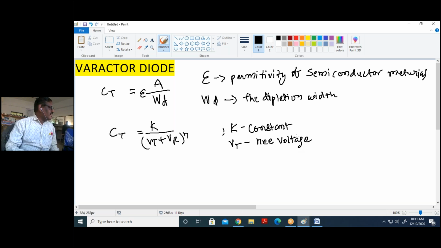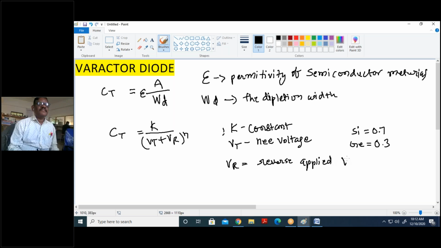You know silicon knee voltage is equal to 0.7, and germanium knee voltage is equal to 0.3. And VR is the reverse applied voltage.